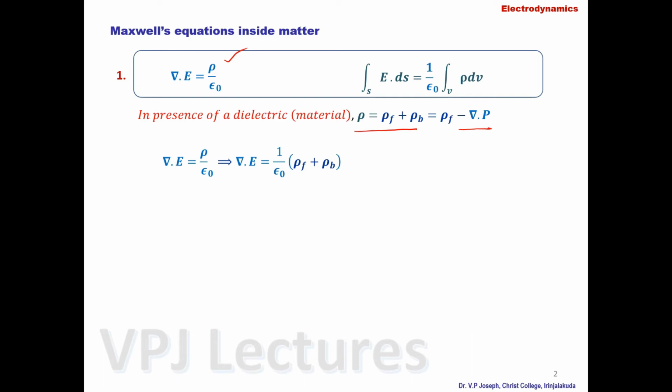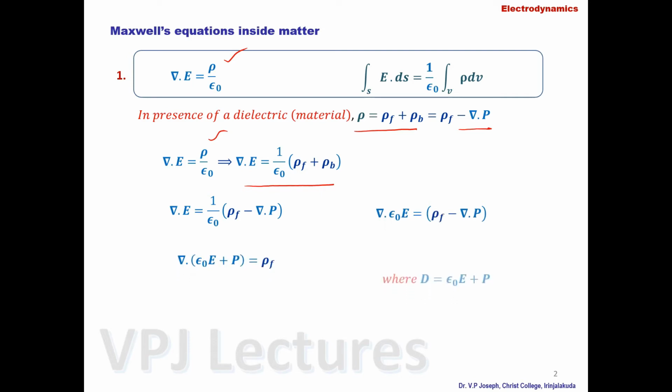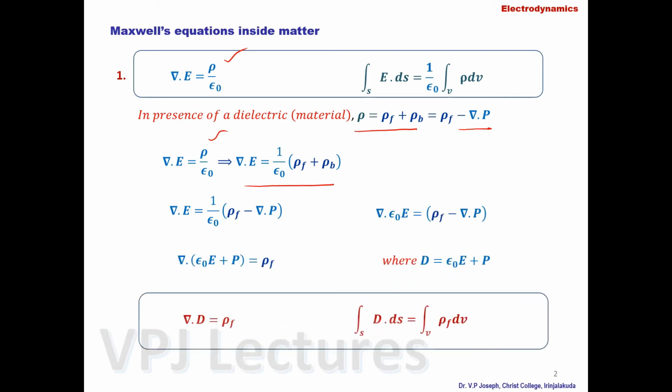So correspondingly the equation del dot E is equal to rho by epsilon 0 changes to del dot E is equal to 1 by epsilon 0 into rho f plus rho b. Now substituting for rho b, this equation becomes del dot E is equal to 1 by epsilon 0 into rho f minus del dot p. Now taking epsilon 0 to the left side, del dot epsilon 0 E is equal to rho f minus del dot p.